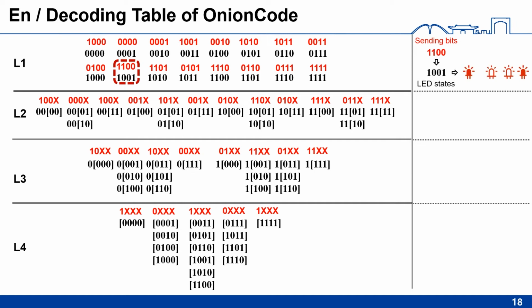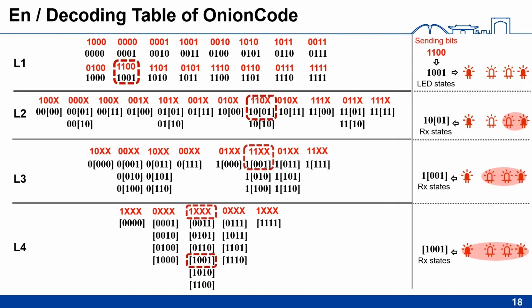The observed LED states of the receivers at layer 2 to 4 are here, with mixing becoming severe. Using the decoding table of the corresponding layer, the decoded data bits can be obtained, with the data rate becoming smaller, because more bit streams are discarded. In the paper, we show that this coding approach holds for any number of LEDs.